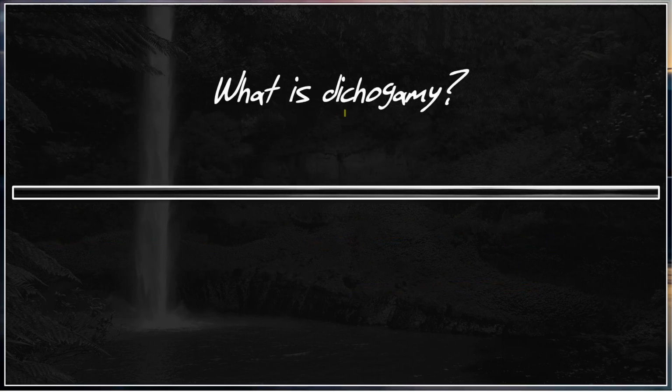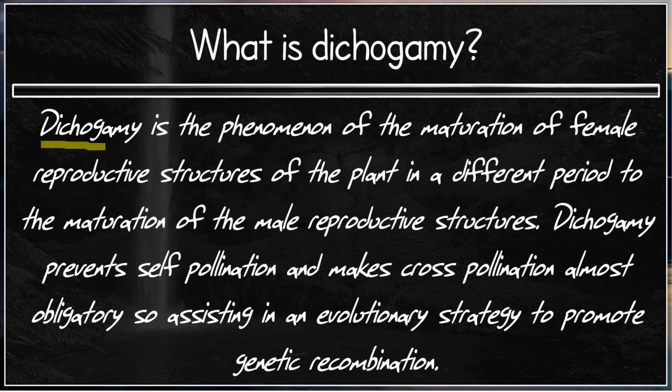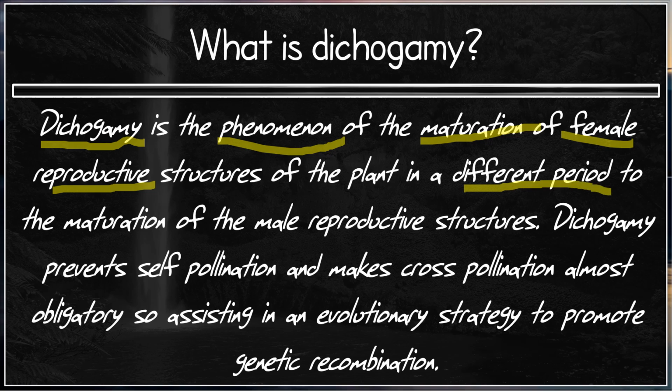What is dichogamy? Dichogamy is a phenomenon in which the maturation of the female reproductive structures of the plant occurs in a different period from the maturation of the male reproductive structures.